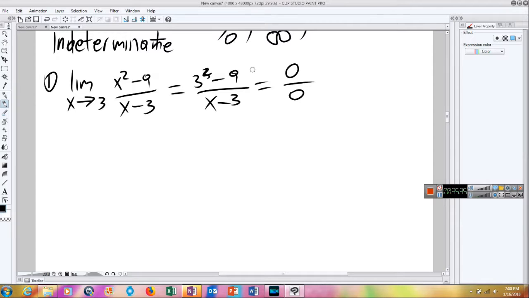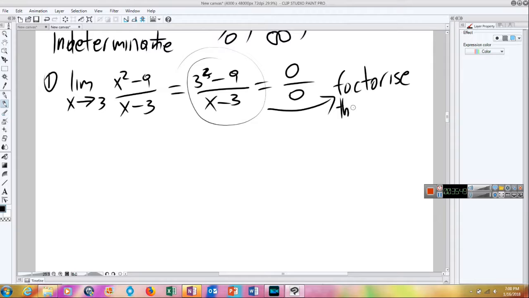At this point, we were told to do more work, but how, you ask? We look right here, and we are going to factorize the numerator. How, you ask?